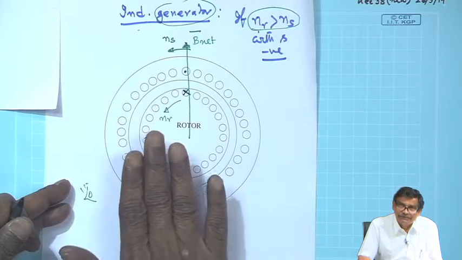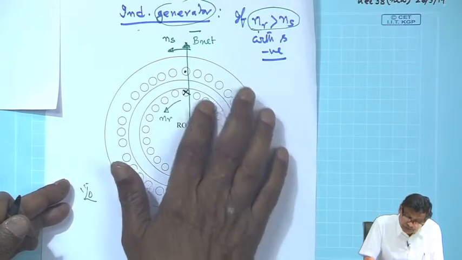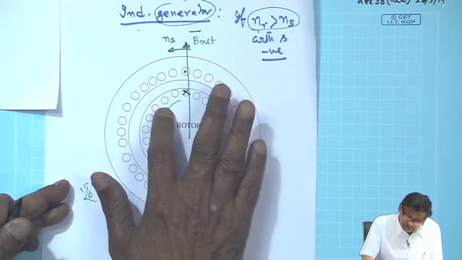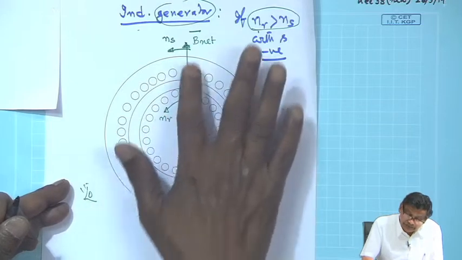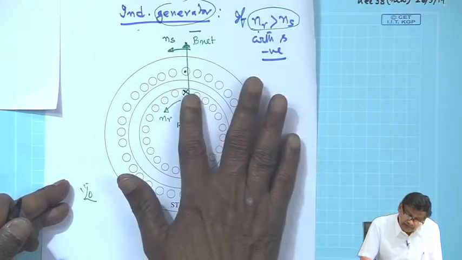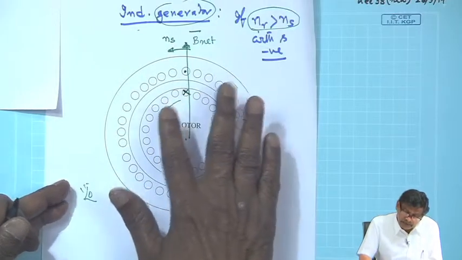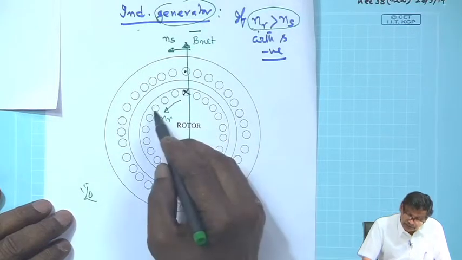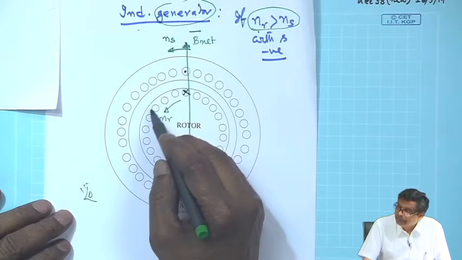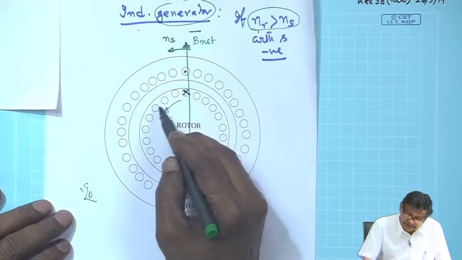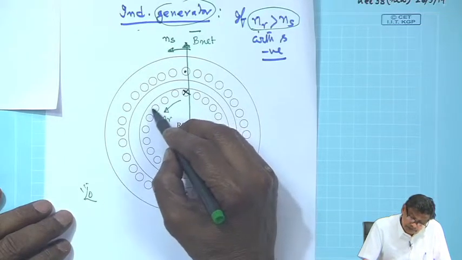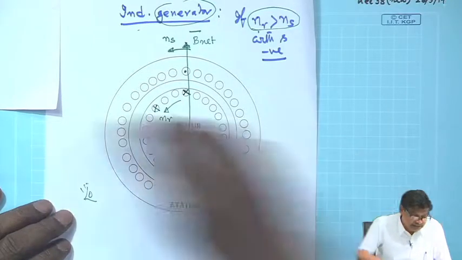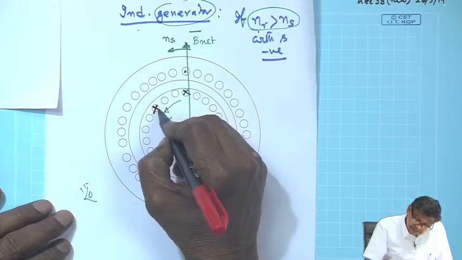Are you getting this? This is the most interesting part, because this conductor is moving with n r, n r greater than n s. Therefore, some conductor here on the left-hand side must have seen the maximum induced voltage, and therefore when it is here, it carries lagging power factor current. So it will have maximum current here. Therefore, the current polarity will be here. Is that clear? This is the maximum current.